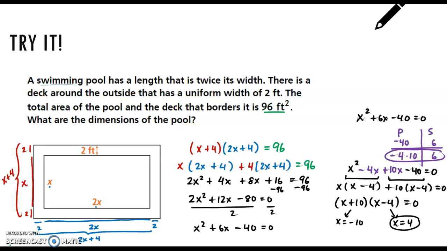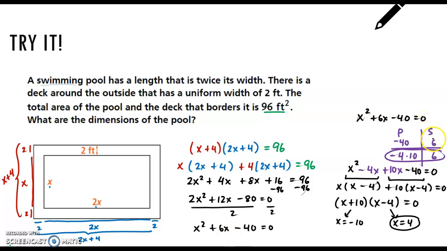Okay, I got that the dimensions of the pool were x plus 4 and 2x plus 4. I know that those two multiply to make 96. I multiply that out, subtract the 96 over, and then everything is divisible by 2, so to make my numbers smaller, I divided by 2.